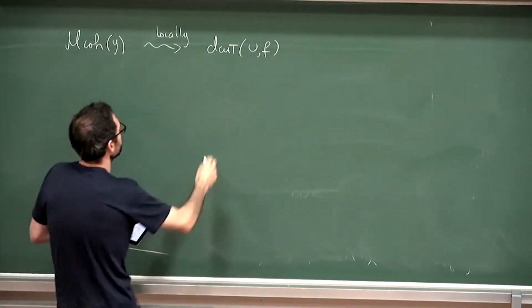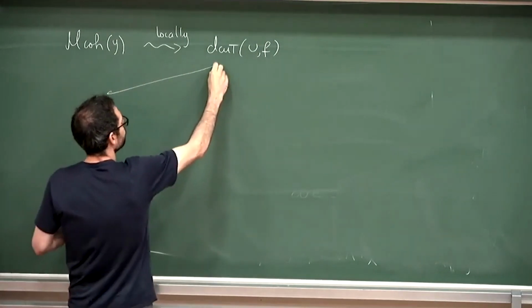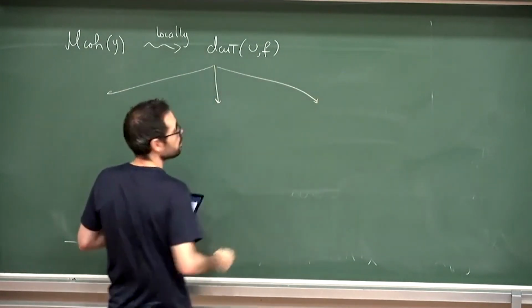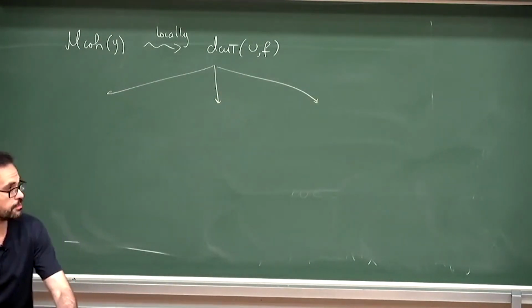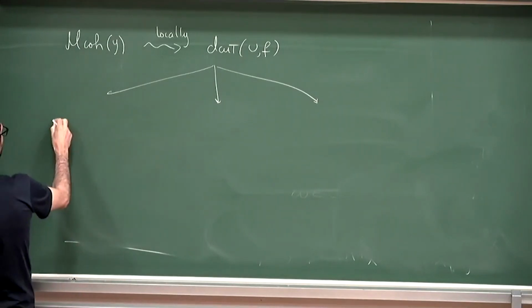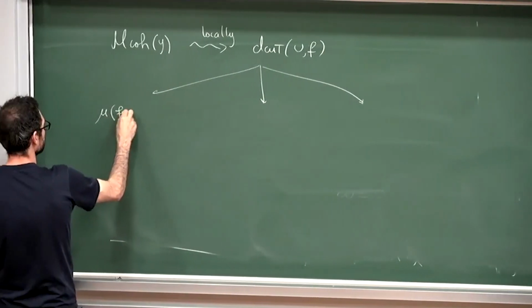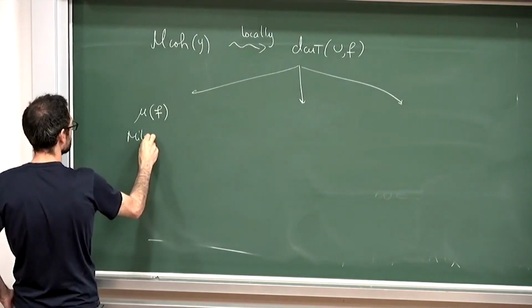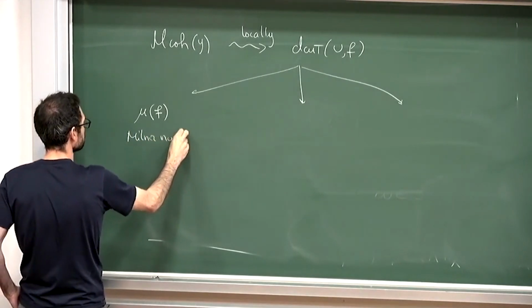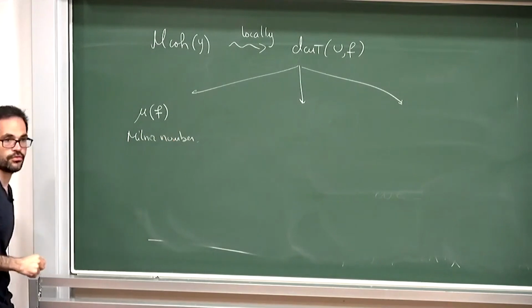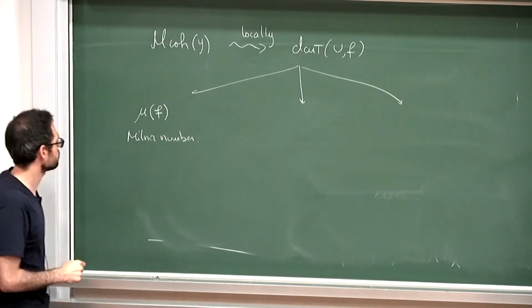So let me give you 3 examples of invariants that we can extract from a smooth scheme with a function. So the first invariant would just be a number, the Milnor number, the Euler characteristic of the vanishing cycles for the function.